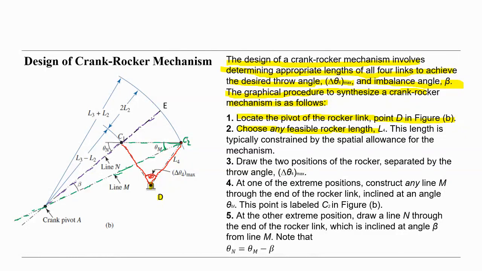But the important thing is we have to realize the beta here. Beta is very important. So we are drawing two lines from the two extreme or limiting positions of the rocker, selecting theta n and theta m.